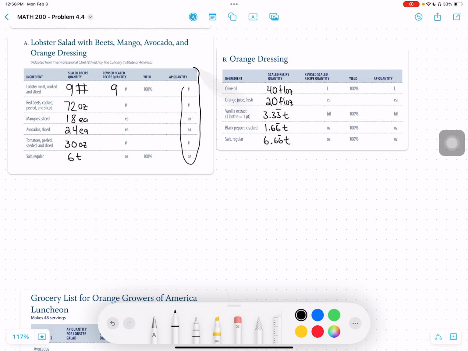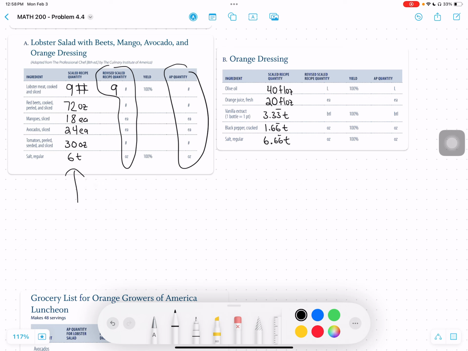If you look at all of these AP quantities, the quantities that you're going to purchase, you'll see those are the same units as the revised scale recipe quantity. So we have to convert all of my recipe quantities into those revised units, the units that we're going to purchase in.